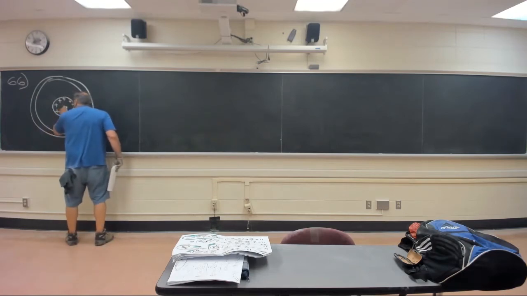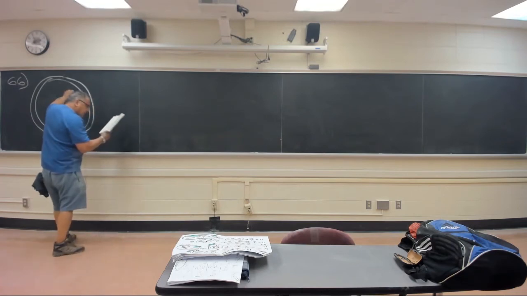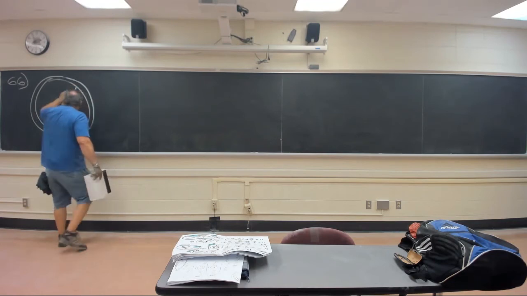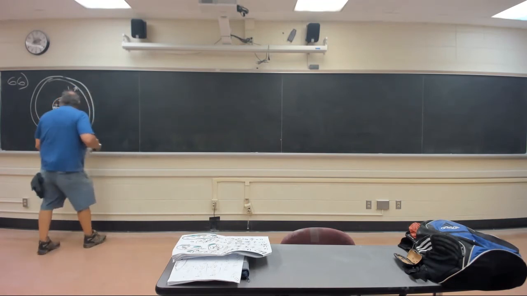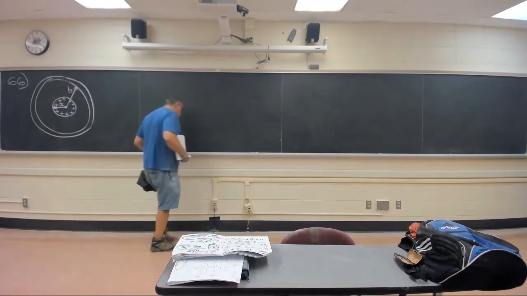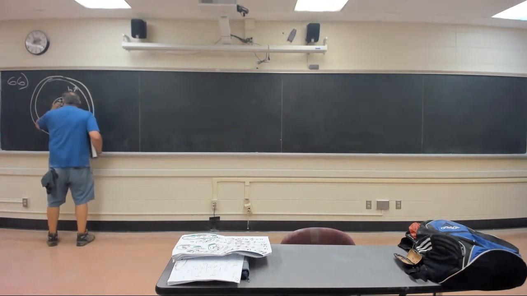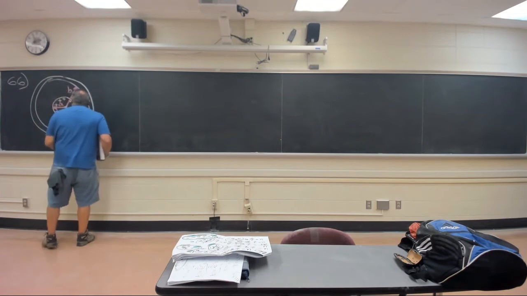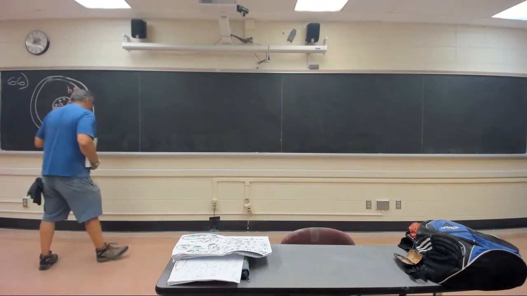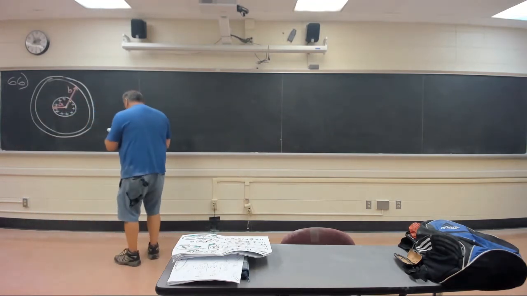This radius right here is A. This radius right here is B. That's A. That's B. As far as the radii are concerned, pretend it's a spherical drawing, or at least some semblance thereof.